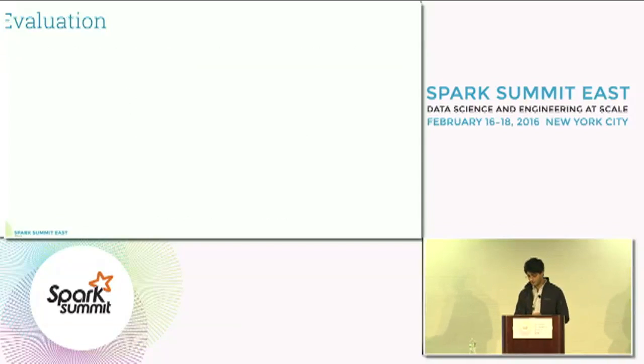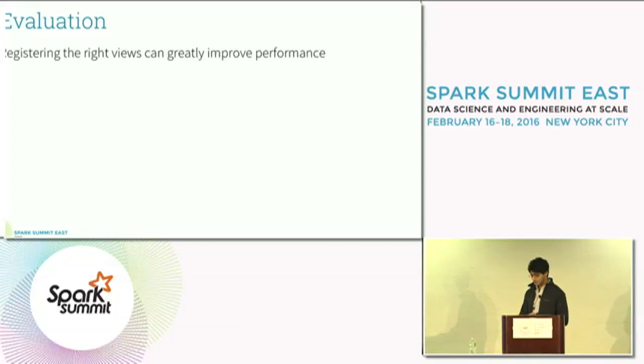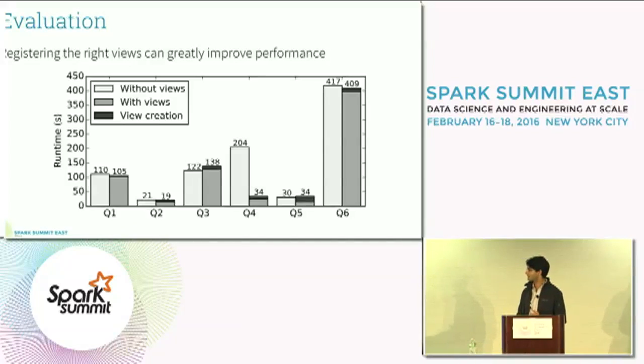Okay, and then the final evaluation slide that I have is substantiating this claim that registering the right views can really be good. This is a workload from some academic papers of 6 different graph queries that we've run on the same graph as before.